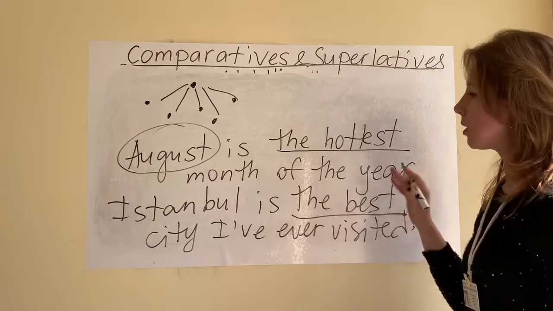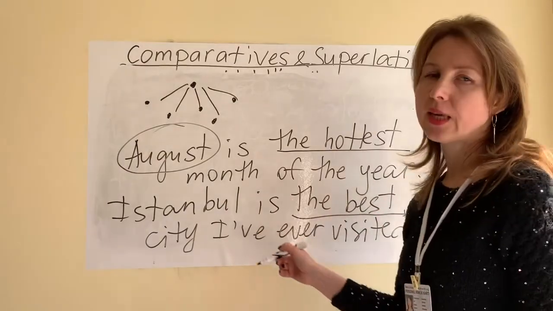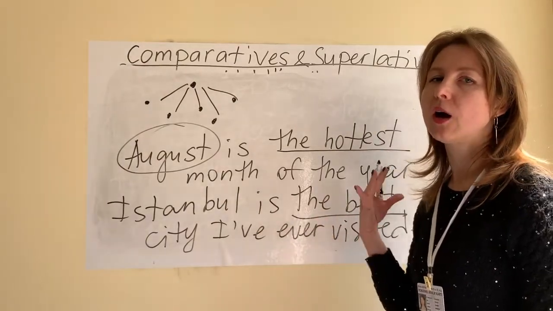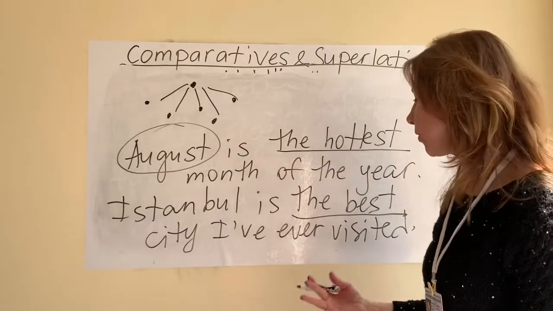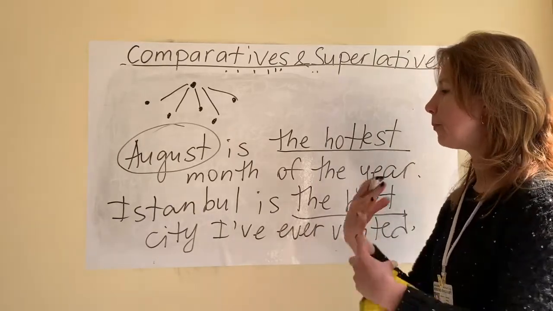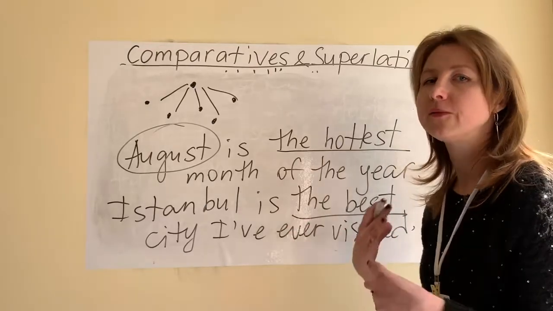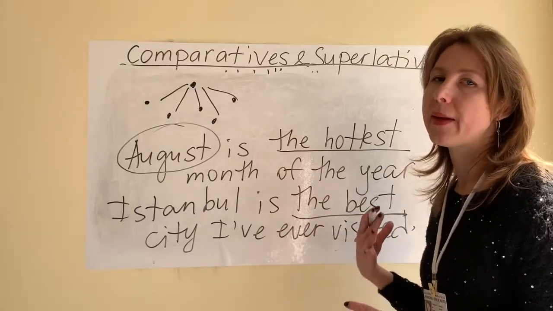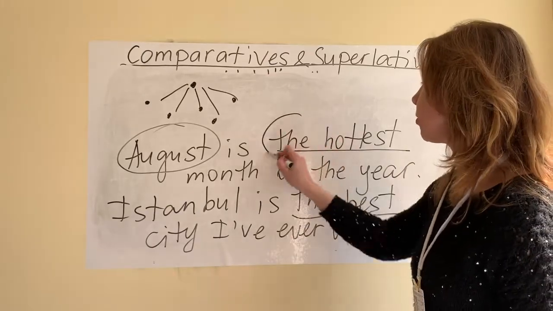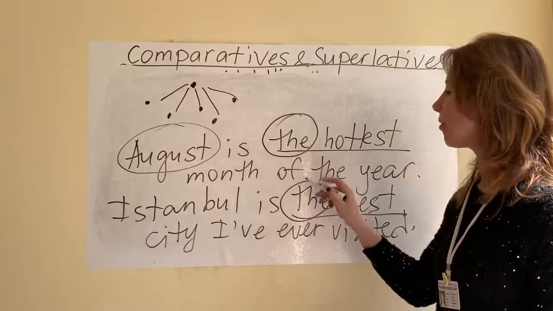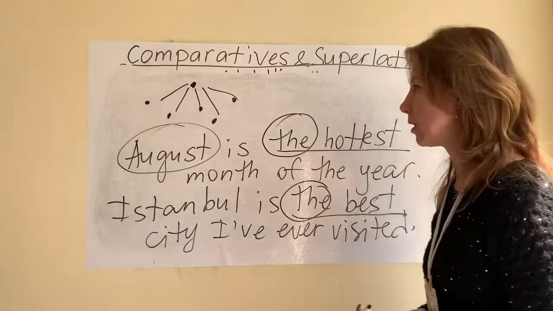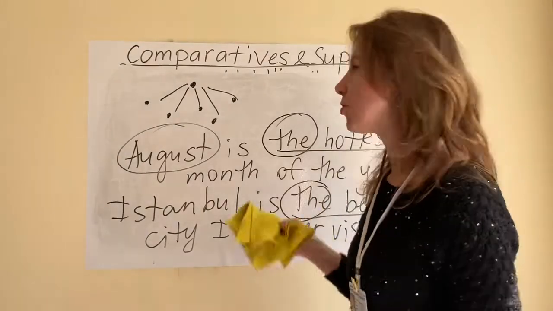So the best is a superlative, and you see that superlatives we can use with present perfect as well. So we compare Istanbul with all the other places I've already visited, and Istanbul is the best so far. So here you can see also that we use the before a superlative. Let's speak about the structure.